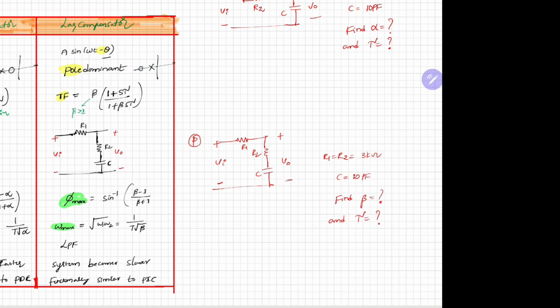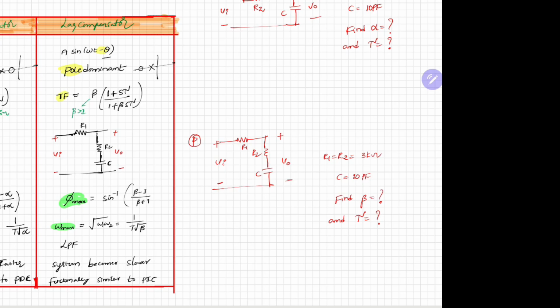If you see the transfer function, alpha into (1 plus s tau) by (1 plus alpha s tau), this is standard for lead compensator. Here in lead compensator, this alpha is a DC gain. This alpha is always less than 1, this is the condition for lead compensator.